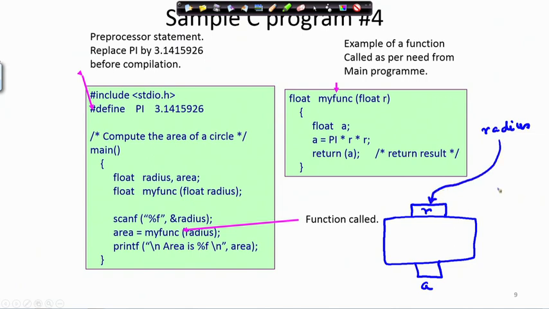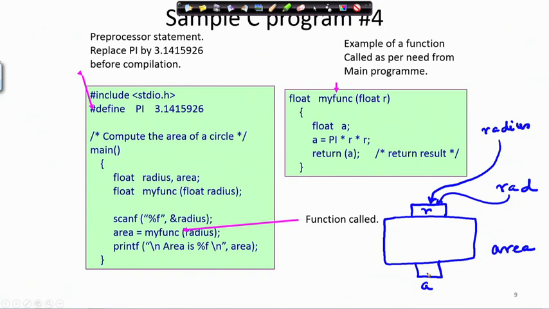Maybe from your program you have used the variable name rad, so when your program is using this function, this rad will be connected to R. Now, suppose in my program I have used the variable name area for noting the area.